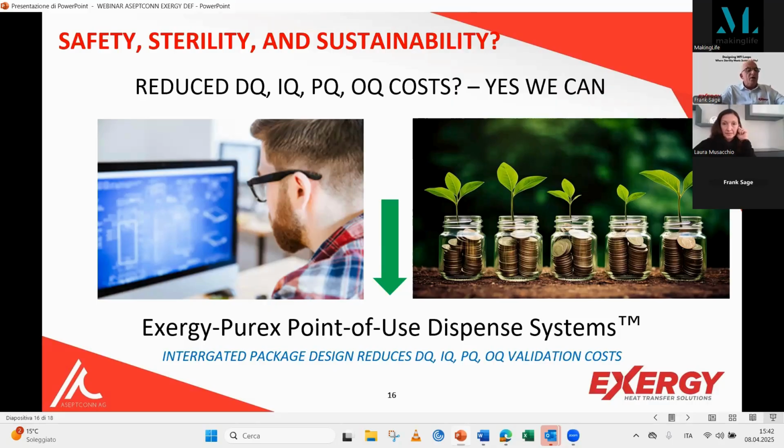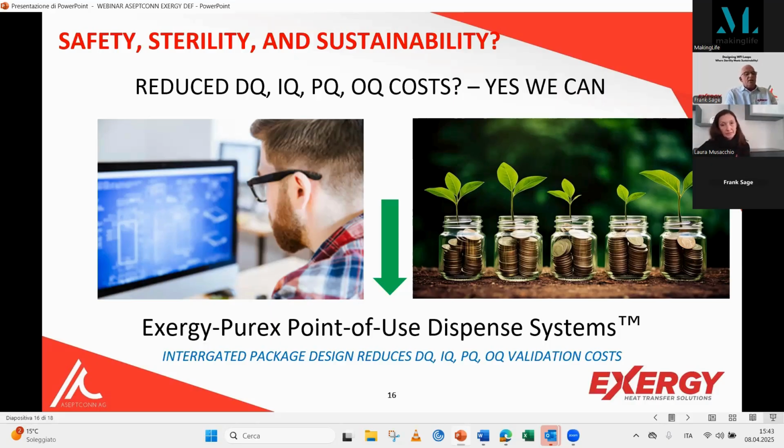So when a loop is designed using our point of use systems, our integrated package design simplifies and therefore reduces not only design and installation qualification time and costs, but also the ease of installation, with a simplified plug and play operation. Performance and operational qualification can take place very efficiently alongside the site acceptance test.